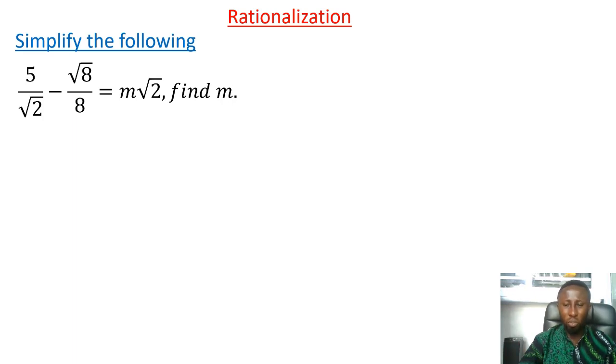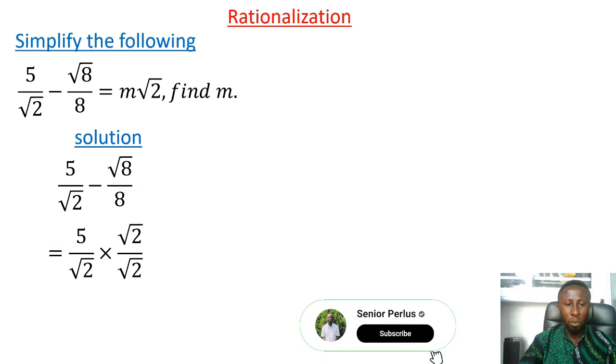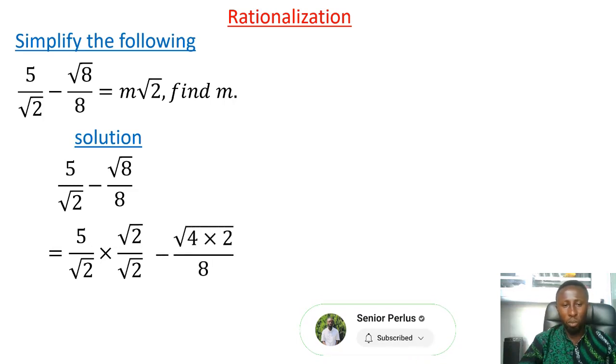This one we can go straight to make the LCM, but since we know rationalization, let's first rationalize the 5 out of root 2 so that we can then continue, because the denominator is a surd. That's why we said that we have to rationalize it. So 5 root 2, this is what we get. Right? This is the question, right? So if you rationalize it, you will get 5 root 2, this is how you rationalize it. Then the next one, continue.